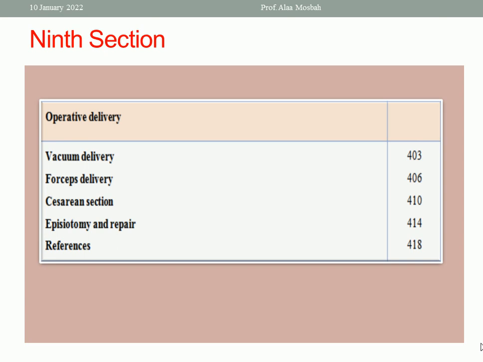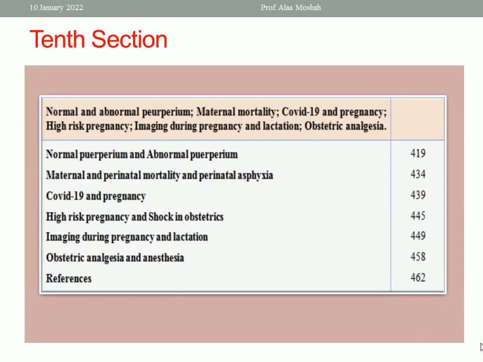You can see them, and you can know the indications of episiotomy, the advantages and disadvantages, and the details of different types of episiotomy. In comparison, I put them in a table. And this section ends with references at page 418.